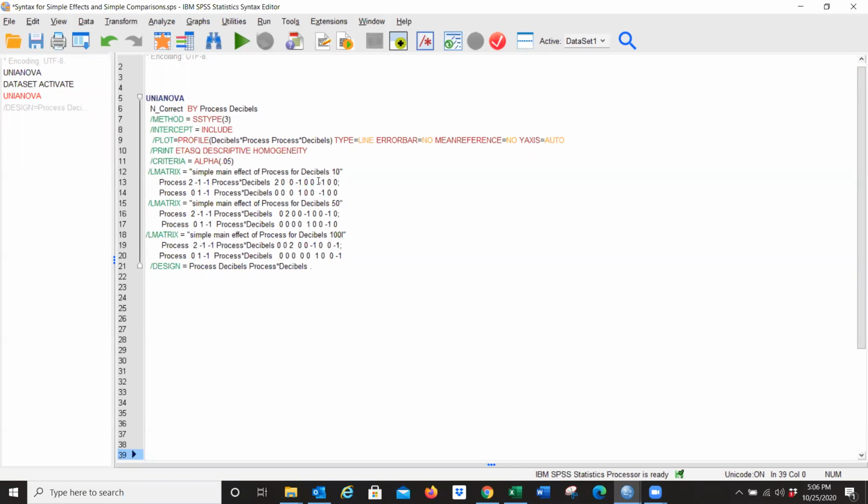And then we pop back up to the third column and we've got -1 for our high level processing at 10 decibels, and 0 for high processing 50, and 0 for high processing at 100 decibels. And notice you have to finish that with a little semicolon.